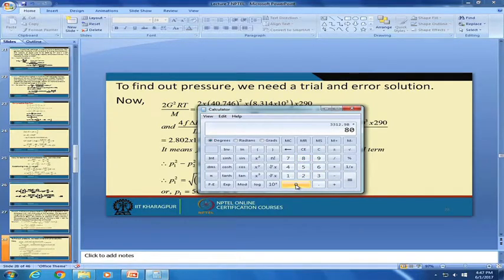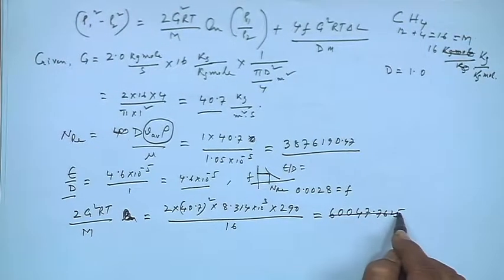Oh, 8.314 into 100, not into 3, into 100, into 290, this is so much divided by 16, is equal to 48, not this 60.